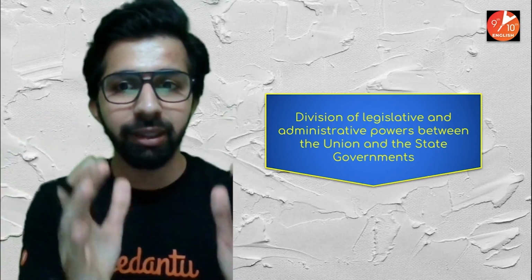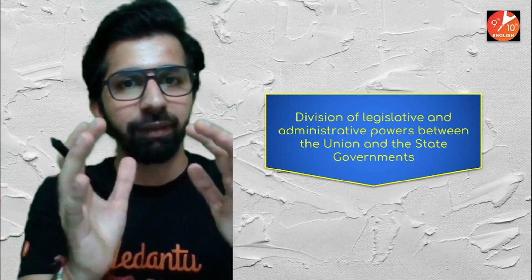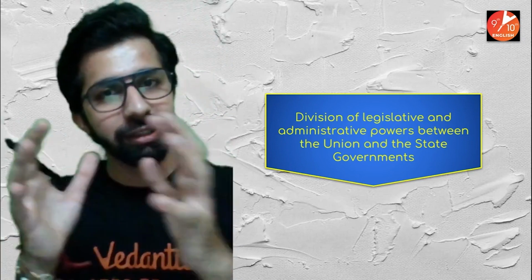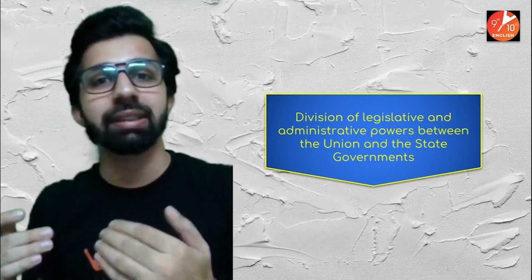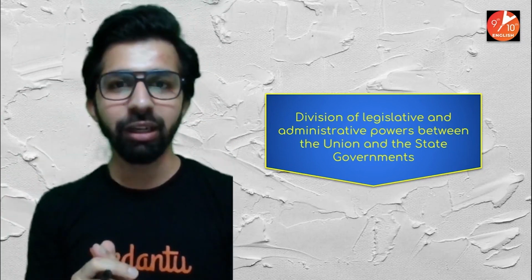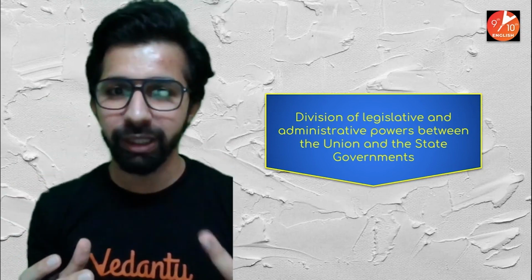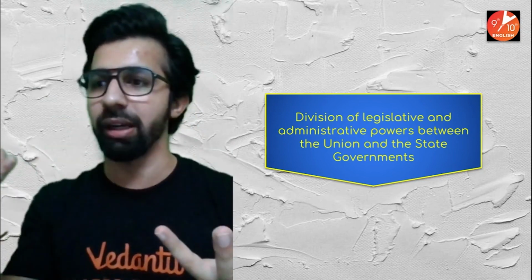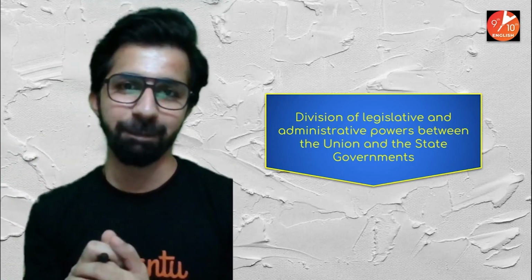The central government has its own lawmaking body and its own administrative power. In a similar way, the state government has its own legislative and administrative power. The central government will not interfere in the state government.